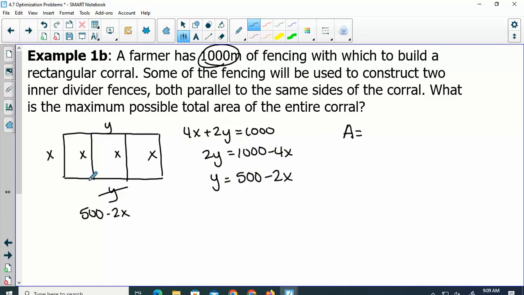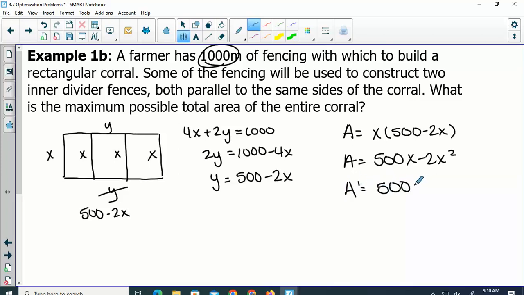Does the area change if I have inner fences here? No, it's just the overall length times width. Minus 2x squared. So we do our derivative. Anytime I ask for a maximize or minimize, set it equal to 0.